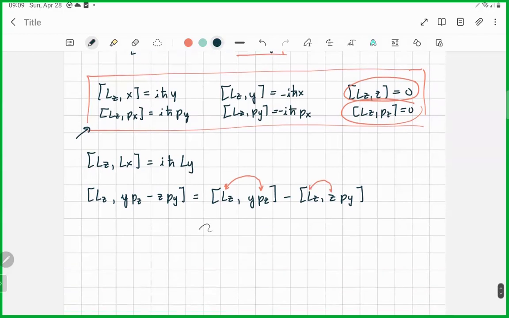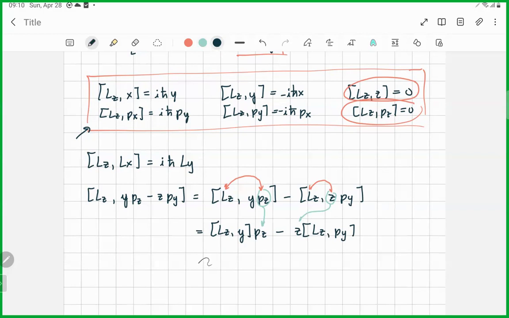So the only thing that we need now is LZ with Y, and let's move that PZ to the end. And in the second case, we are just going to keep LZ with PY, and let's move the Z to the front. So this PZ was second, it went to the end. This Z was first, it went to the beginning. Okay, and now these two commutators we already solved.